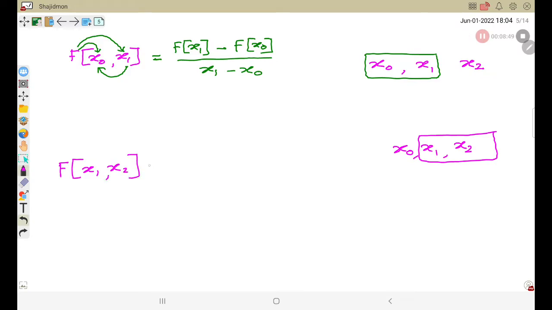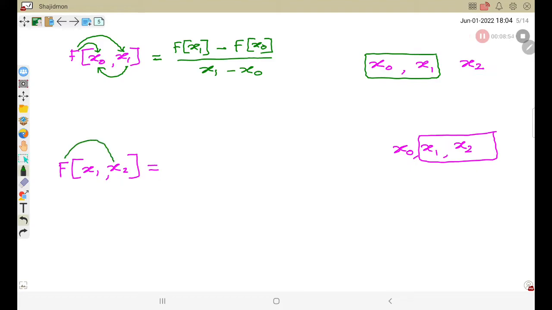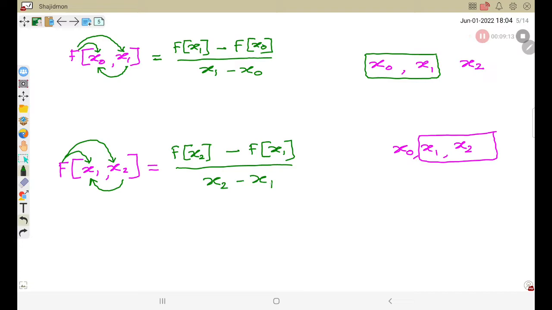How do we calculate that divided difference? f of the last number, f of x2, where f means the y number, minus f of the first number, that is f of x1, divided by the last x number minus the first x number, that means x2 minus x1.